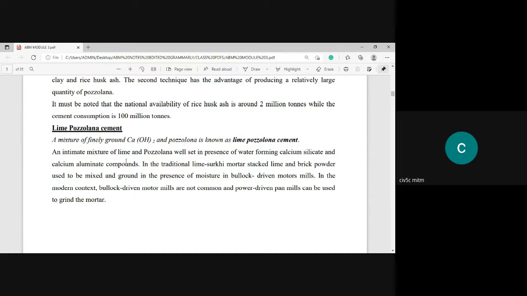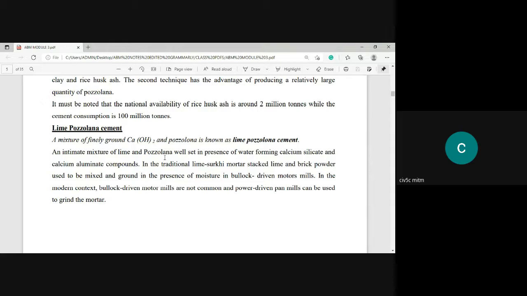An intimate mixture of lime and pozzolana will set in the presence of water, forming calcium silicate and calcium aluminate compounds. This is the final product you are going to obtain: calcium silicate hydrate and calcium aluminate. When I mix the lime pozzolana cement with water, how does it get strength?